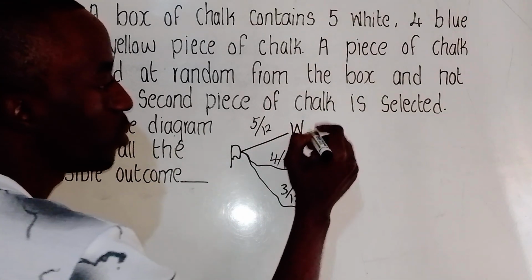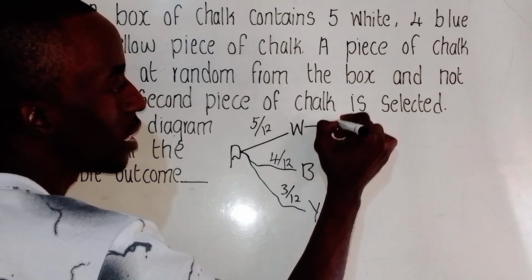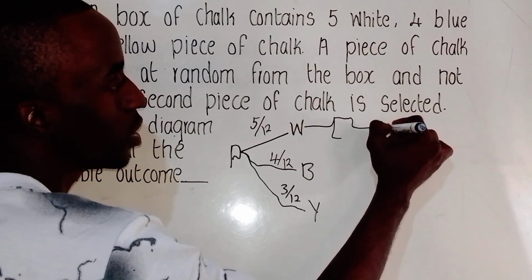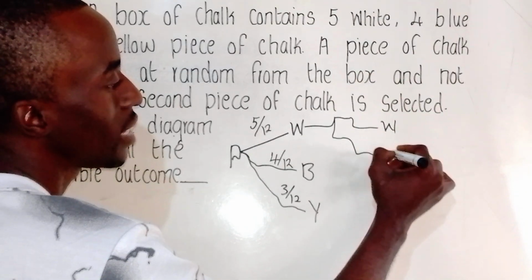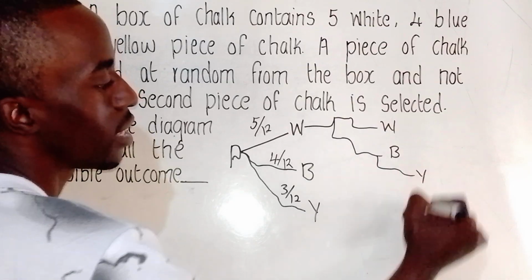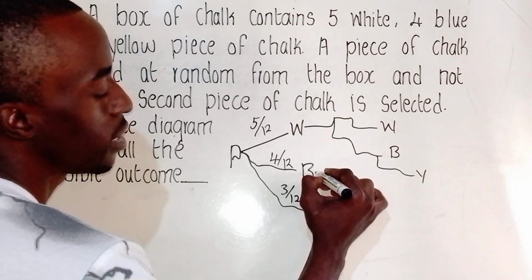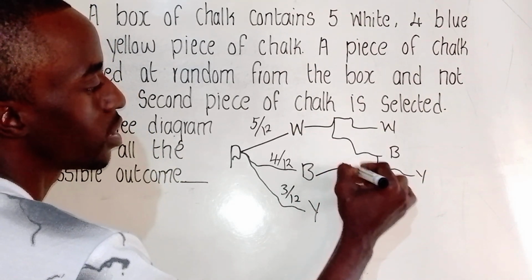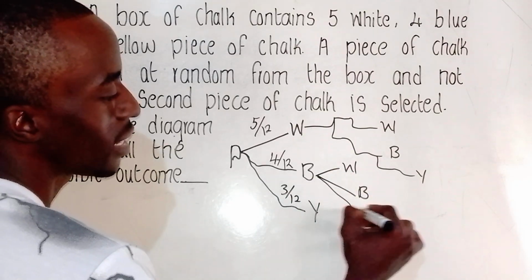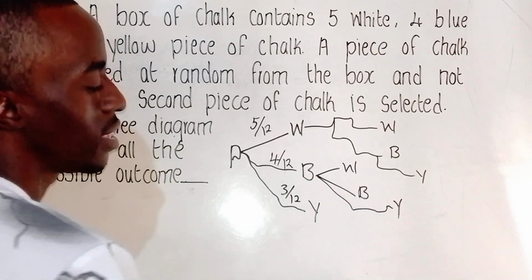So now for the white, again you say like this: the chances of picking the white, the chances of picking a blue, the chances of picking the yellow. Again you come for the blue: the chances of picking the white, the blue, and the yellow.